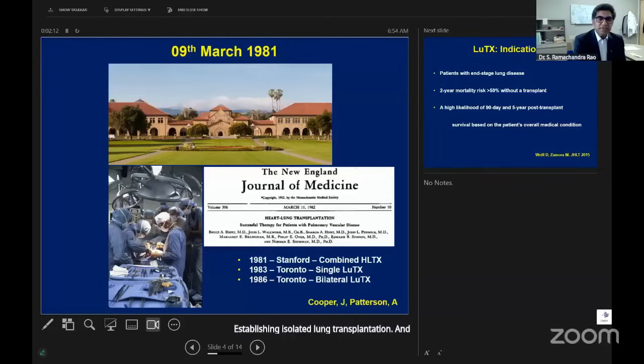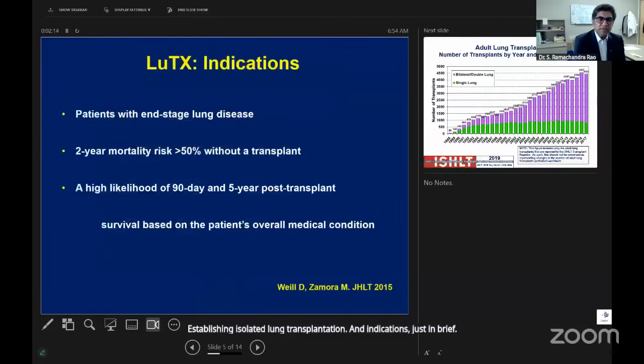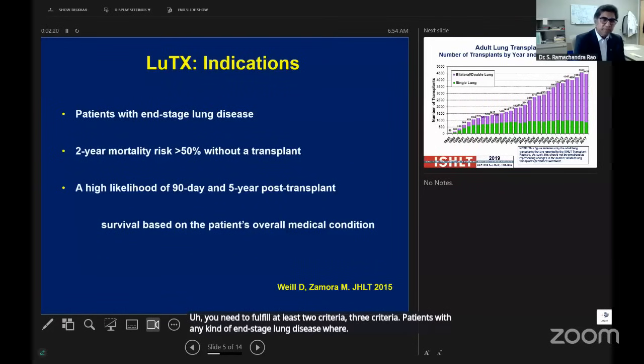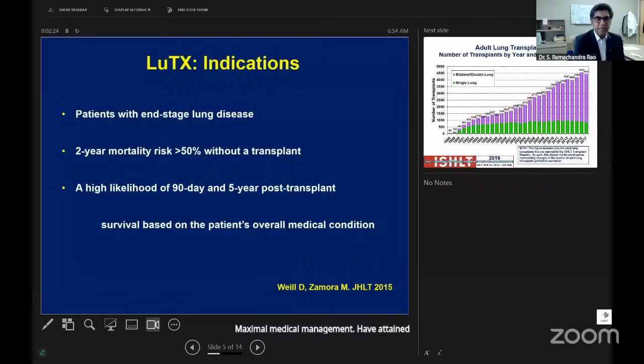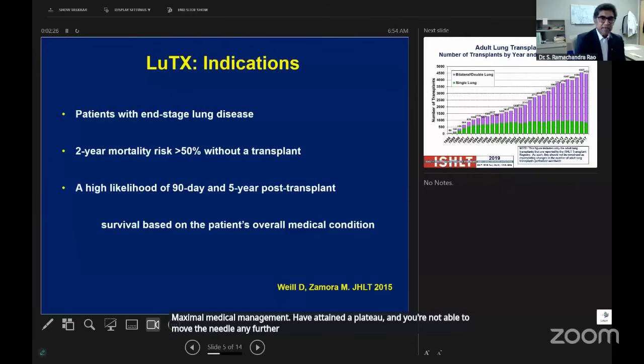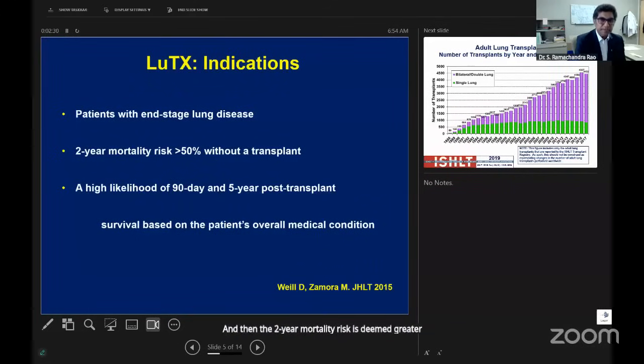And indications, just in brief, you need to fulfill at least three criteria. Patients with any kind of end-stage lung disease where maximal medical management has attained a plateau and you're not able to move the needle any further. And then the 2-year mortality risk is deemed greater than 50% without a transplant. And you also need to make sure you check off the boxes that fulfill that.